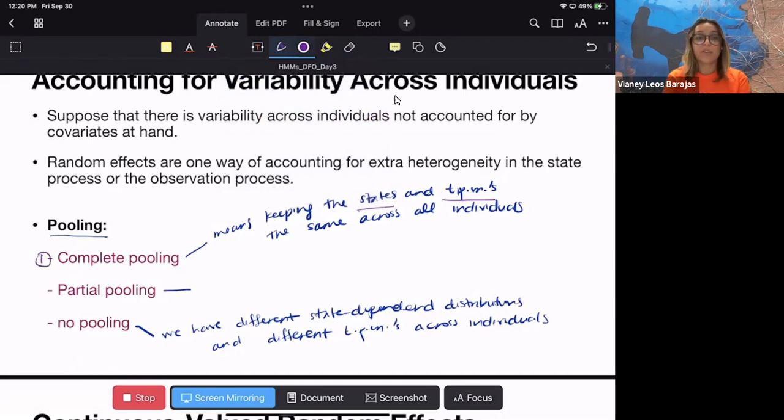So can you fit the same hidden Markov model to all of them, which means that the states that you construct are the same across all individuals. And then you have the same transition matrix across all individuals as well. Of course, it might also be of interest to do no pooling. So if you fit the same M state hidden Markov model to each individual, you get vastly different results.